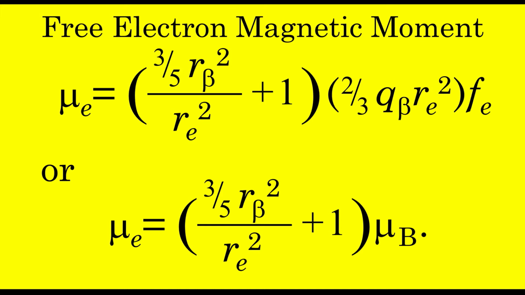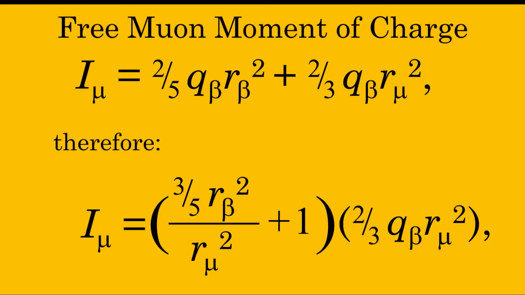Since the muon has the same net charge as the electron, the muon moment of charge is I sub mu equals 2/5 q sub beta r sub beta squared plus 2/3 q sub beta r sub mu squared, or 1 plus 3/5 r sub beta squared over r sub mu squared times 2/3 q sub beta r sub mu squared.